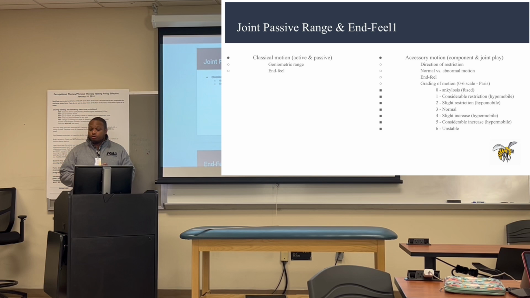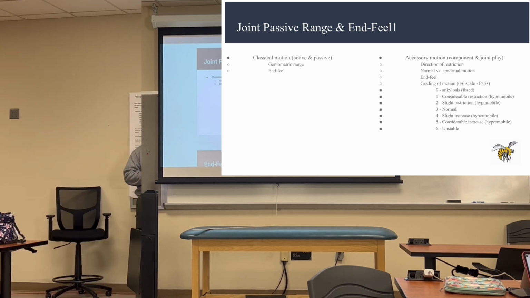A grade of 2 is slight restriction for hypomobility. 3 is normal. 4 is a slight increase, hypermobility. 5 is considerable increase of hypermobility. And 6 is unstable, marked instability.